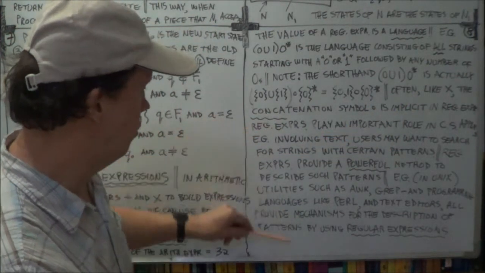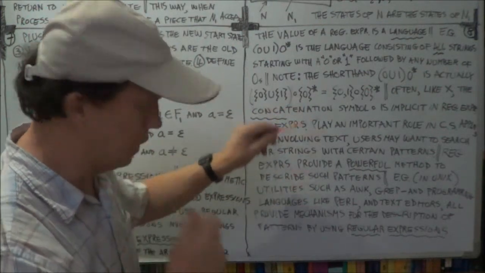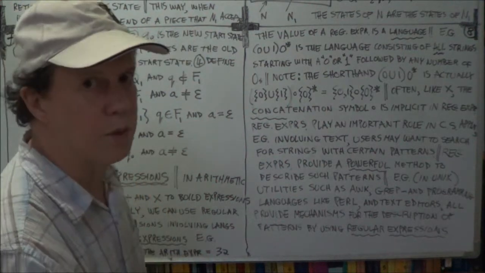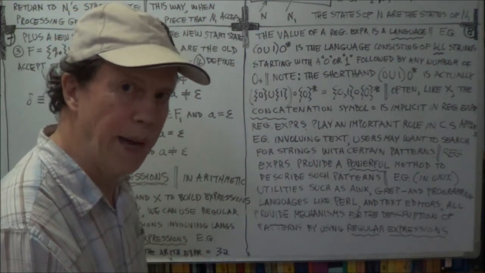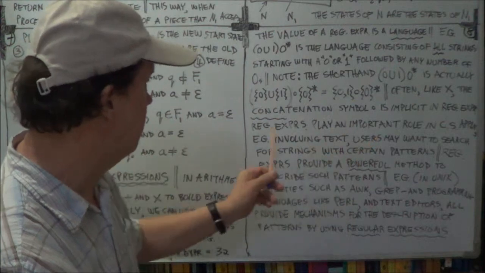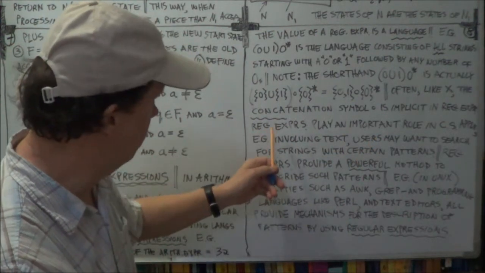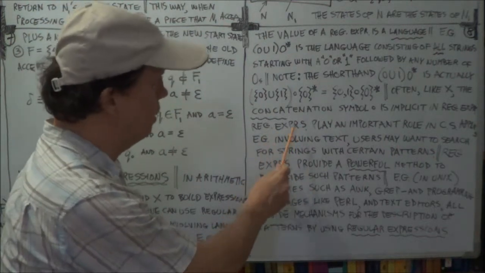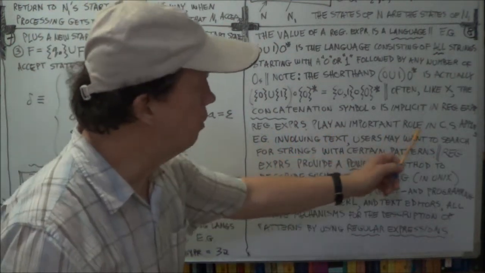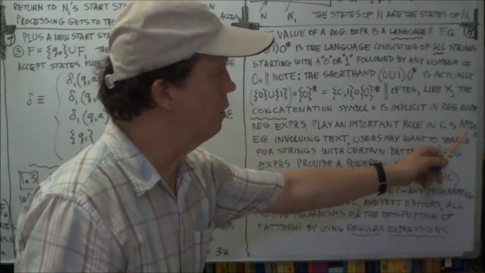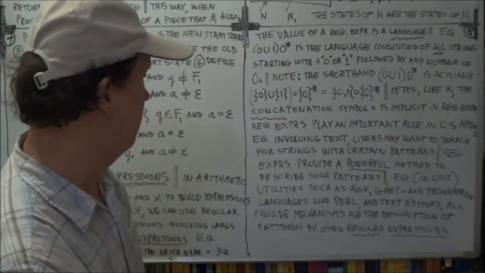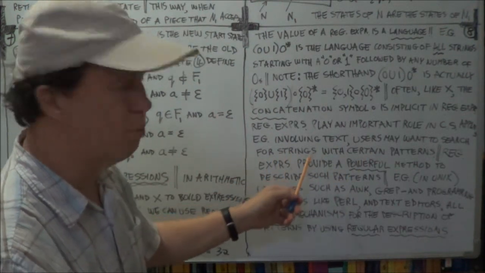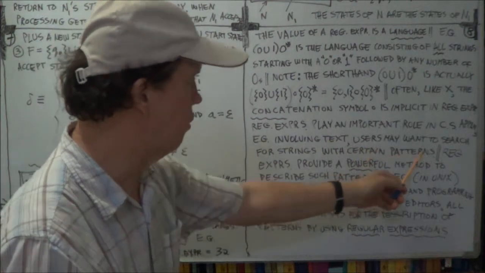Now some general comment, and then next board we'll get into a lot more details of what you can do with regular expressions, and then you'll get a sense of their power. So the comment in the text: regular expressions, which I've shortened to reg.exprs, play a really important role in computer science applications, for example with strings that have certain properties, certain patterns.